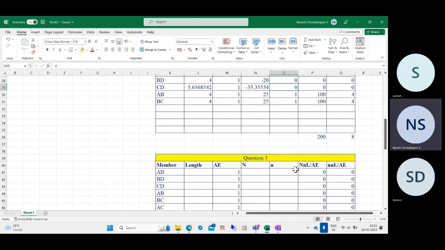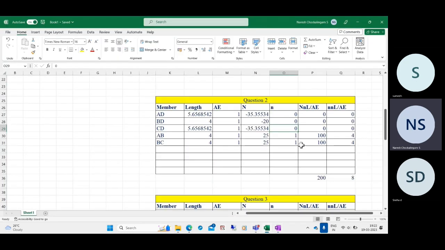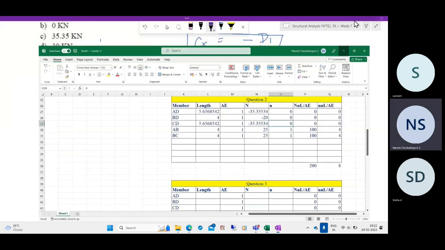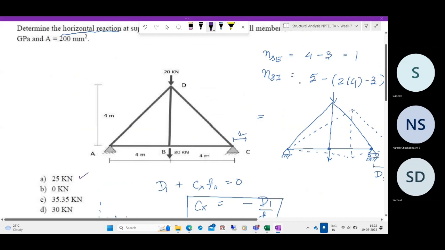Then we just fill in the data for question 2 as we did earlier and determine the unknown reaction force. So this gives the displacement due to the applied loads, and this gives the displacement due to a unit load applied at the point of reaction. So divide this by this, we get the answer to be minus 25 kilonewtons.